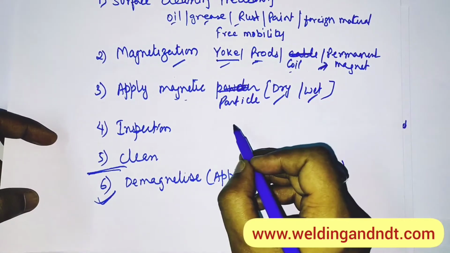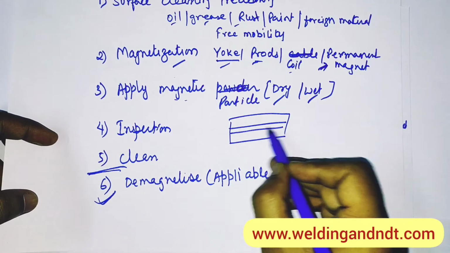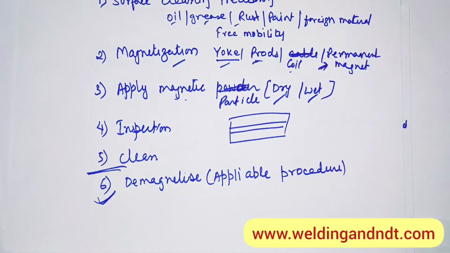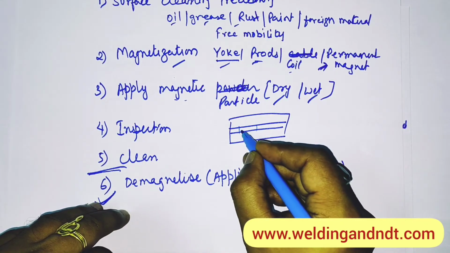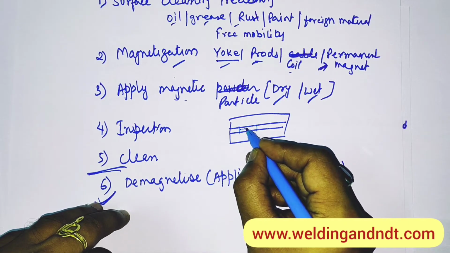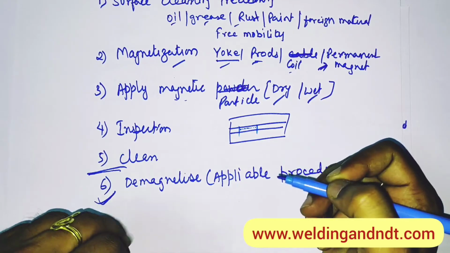After doing all these things, suppose we are examining this welding. If there is a longitudinal crack, then the particles will be aligned like this, along the crack, so we can measure the length of this crack also.